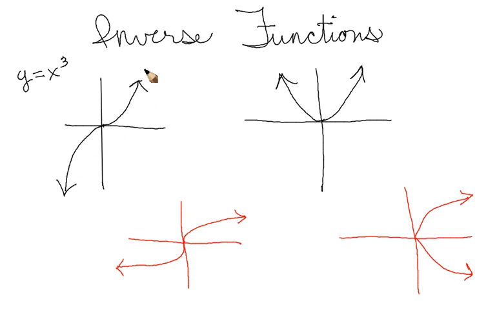When we take its inverse, what happens is it gets reflected along the line y equals x. Oops, y equals x. So it gets reflected along this line, if I can draw the line. Okay, so if you take this and reflect it over this line, then it becomes this graph down here in red.